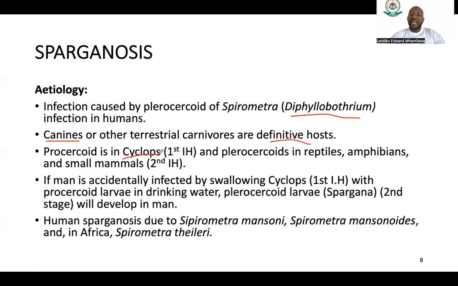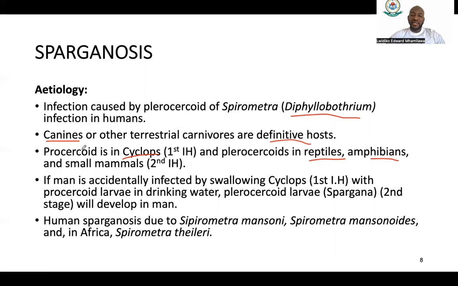And the more advanced stage is the plerocercoid, which happens in reptiles, amphibians and small mammals. So the first stage is in the first intermediate host, Cyclops, as procercoid. If you ingest the Cyclops, you get the procercoid stage, and you get an infection that way.